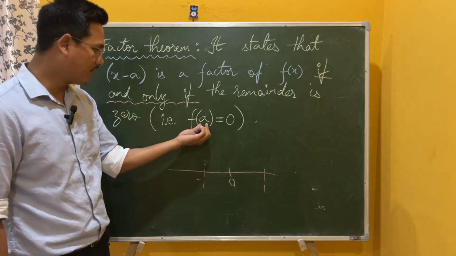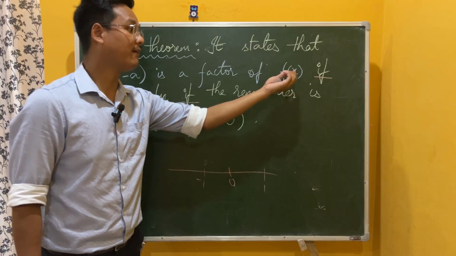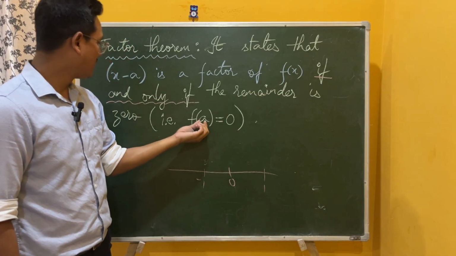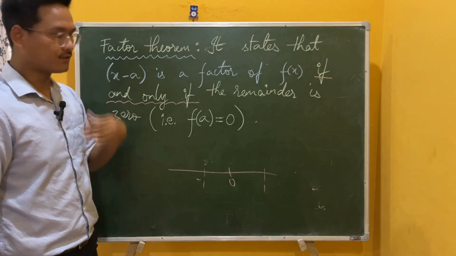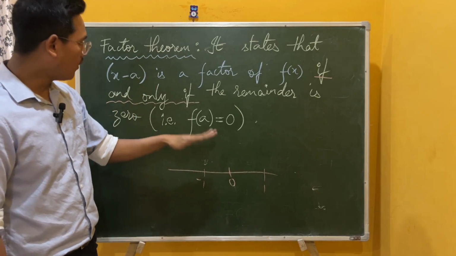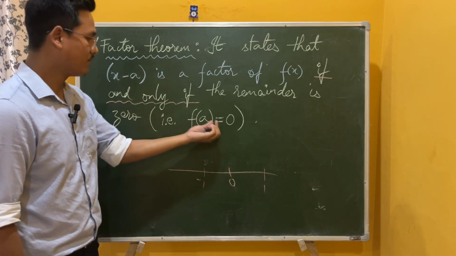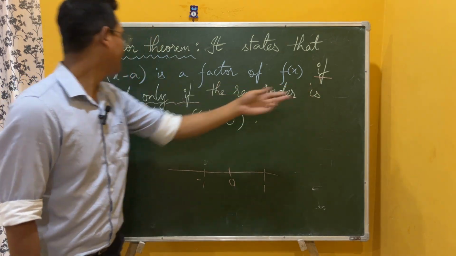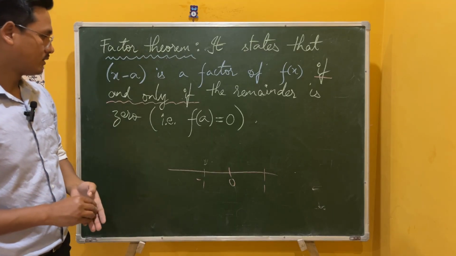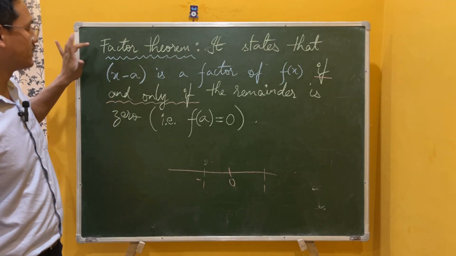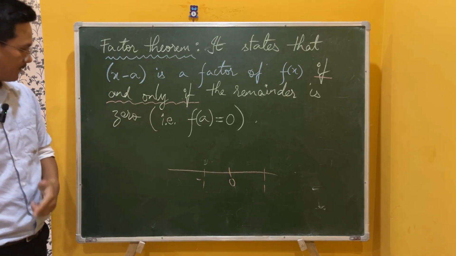So if f of any real number becomes 0 for a given polynomial f(x), then x minus that real number is a factor, or if this is a factor, then f(a) must be 0. That's what it means by if and only if. It talks about both the ways. So with respect to this theorem, we have some problems. So let's do it.